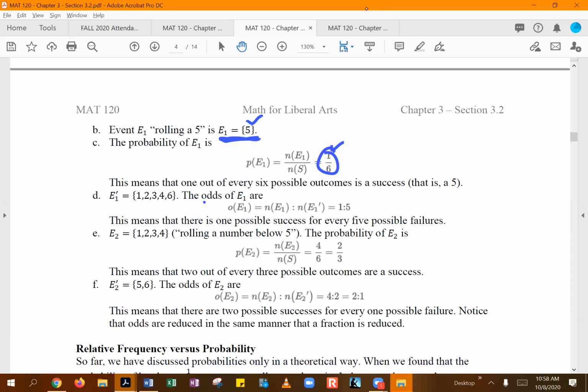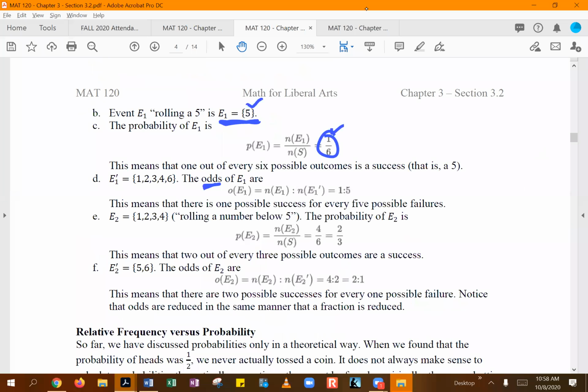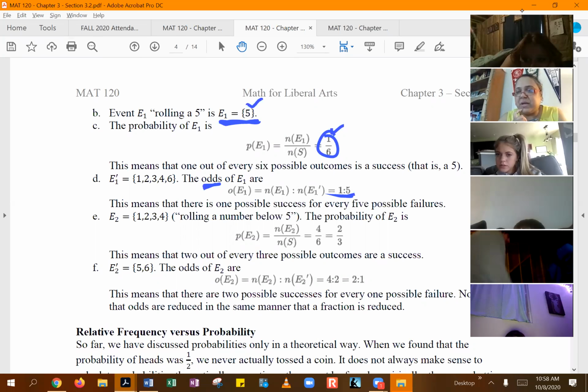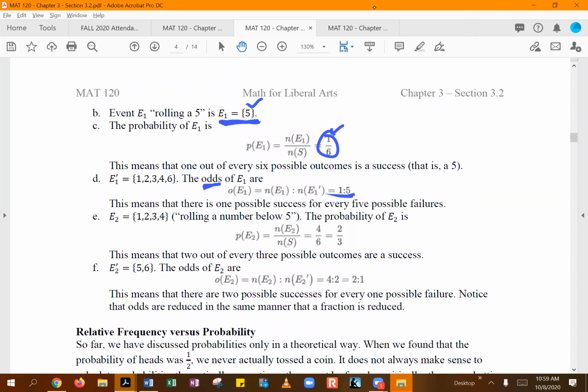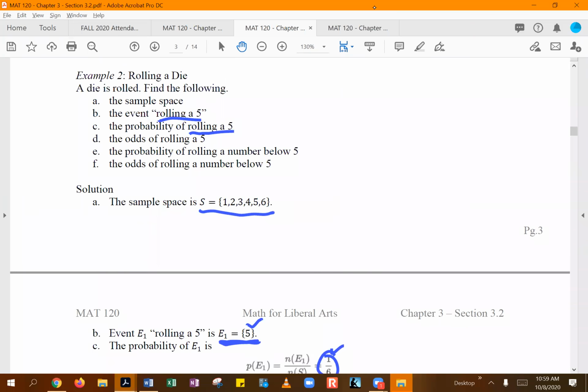Now, when you talk about the odds, remember this is success compared to failure. So there's 1 success, but 5 failures. Again, like I explained to you before. So the same type of explanation is what you want to use over here.